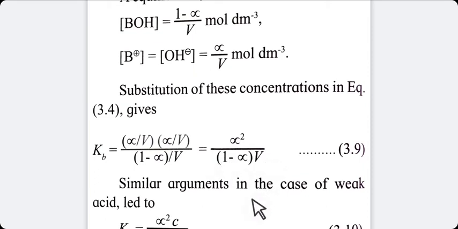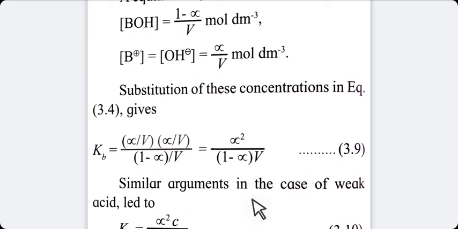All the formulas are the same. Here we are using the general base BOH, so in place of HA we are using BOH, in place of H plus we are using B plus, and in place of A minus we are using OH minus. Same here, amount undissociated is 1 minus alpha, and dissociated amount is alpha.